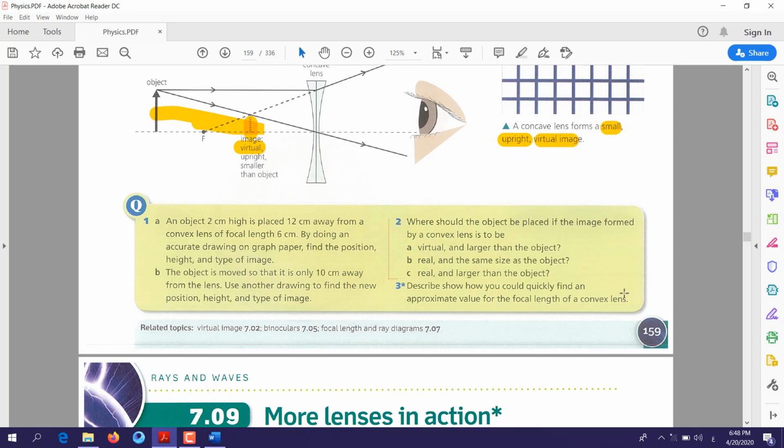You will move the lens until you get a clear image. When you get a clear image, you will measure the distance from the screen or paper to the lens using a ruler or any instrument. Then you can determine the focal length.